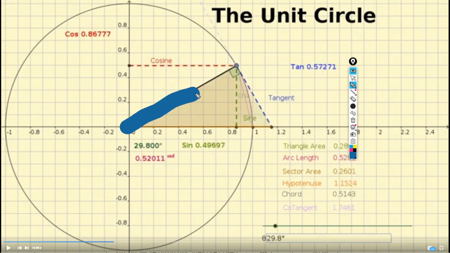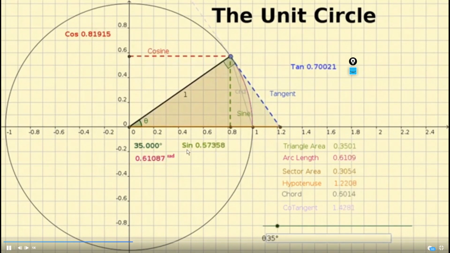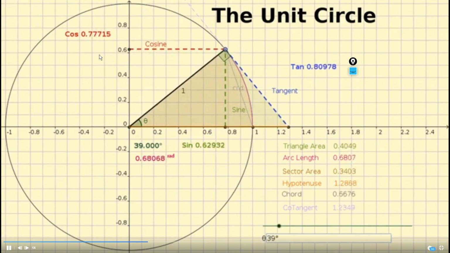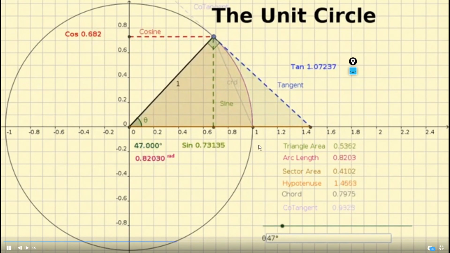Wow, that's too thick. All right, whatever. The hypotenuse here is always 1. See how that number's 1 right there? Well, watch what happens when I play it. Notice that sine is changing, cosine is changing, but the hypotenuse is always 1, okay?